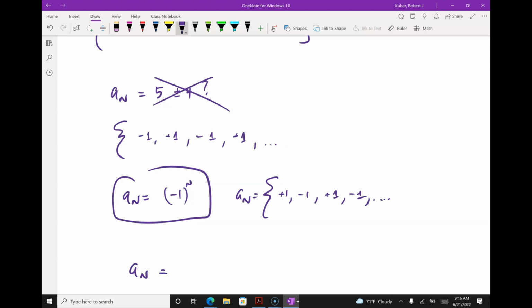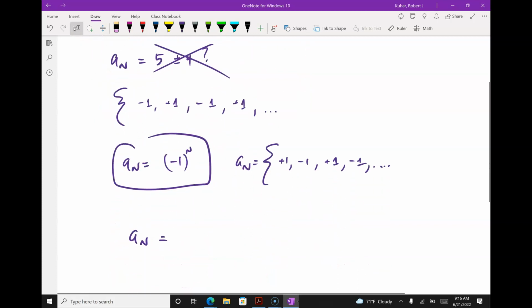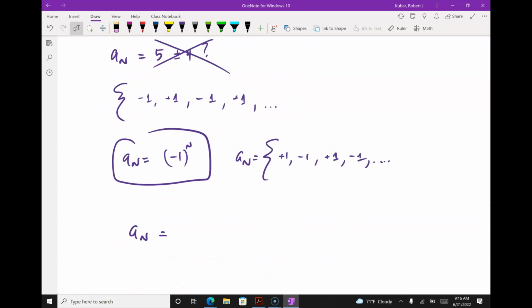A to the n? Right, but remember what I want. I want a 5 and then a 1 and then a 5 and then a 1 and then a 5. I want it to keep changing from 5 to 1, right? So the first term should be 5, the second term should be 1, the third term should be 5, right?